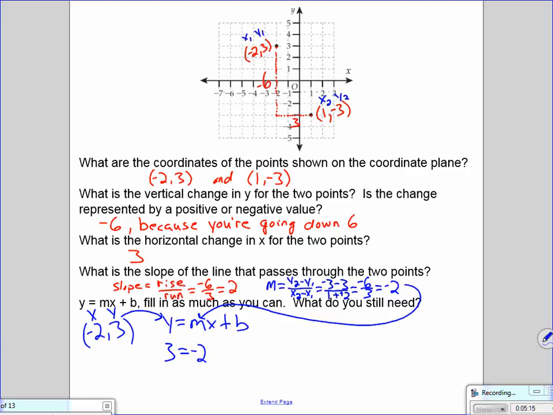X, we've got an x right here. That's -2. So I'm going to put that in for x. And then I don't know b yet. So plus b. What do I still need? I still need b, which again is the y-intercept.